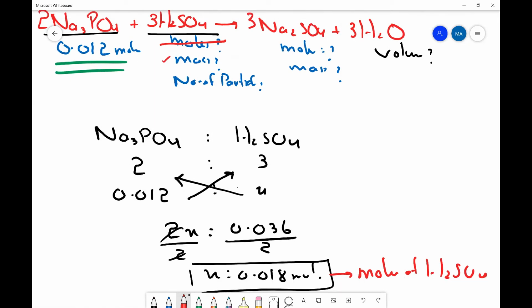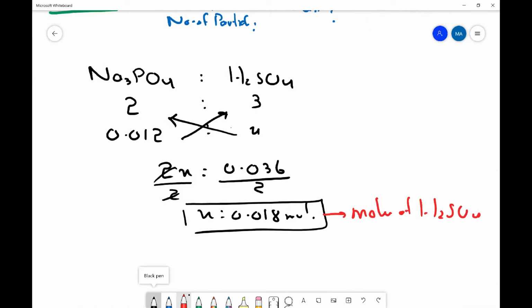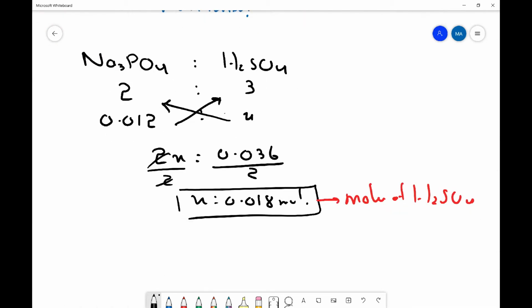So how to find the mass now? You know the moles of H2SO4, and you're asked to find the mass of H2SO4.